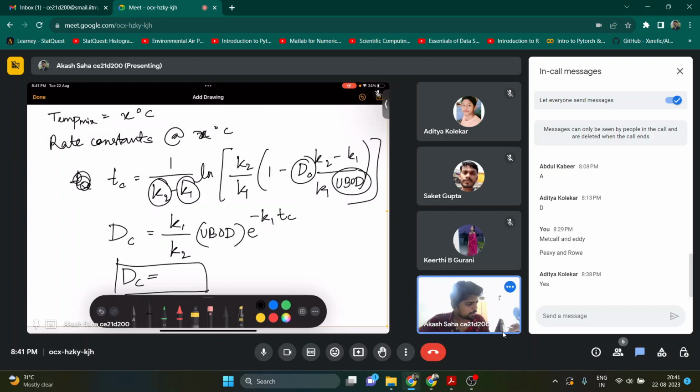So for finding all these parameters, we have to do all the background work, and after that we just input all the parameters. We will get the critical time first, and when we put the critical time in this equation, we will get the critical deficit. Is it fine? It looks like a bigger problem, but once you start solving, it is a pretty simple thing.